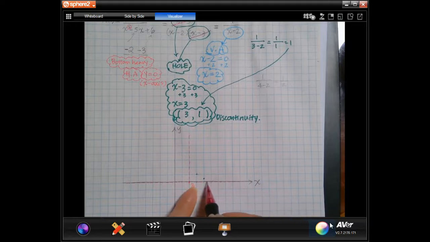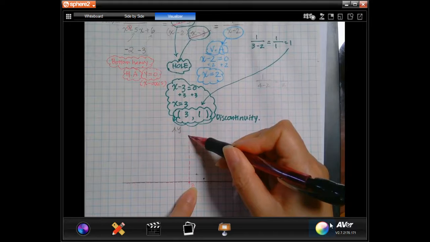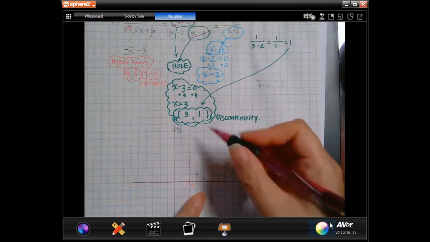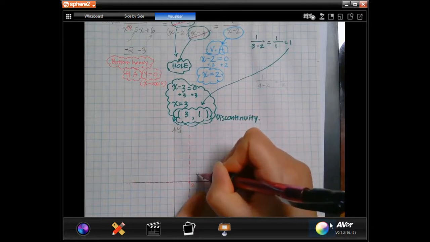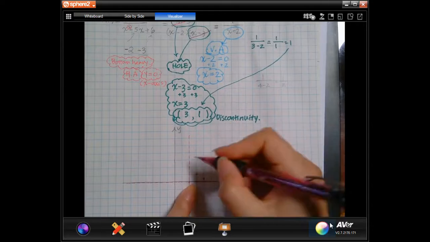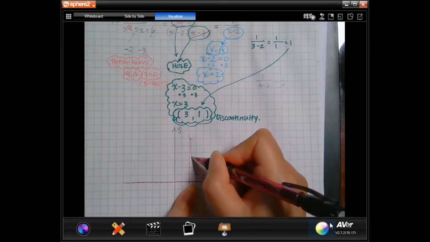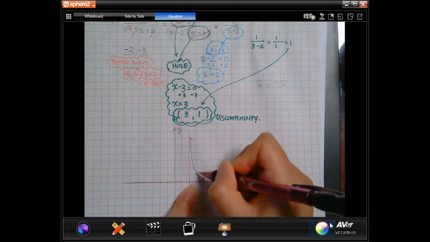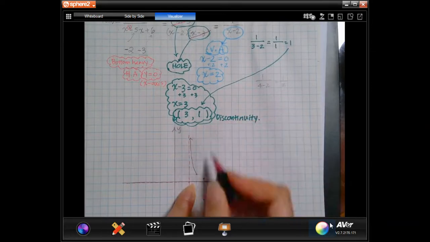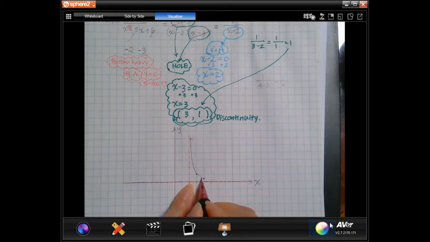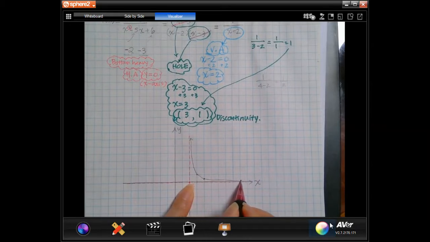Then I do have an asymptote going on this position, an asymptote going on this position. Then obviously you have to design your curve in the upper right section going this way. As it gets closer to the vertical asymptote, it's going to go up. And as you go to the right, it's getting closer to the axis.